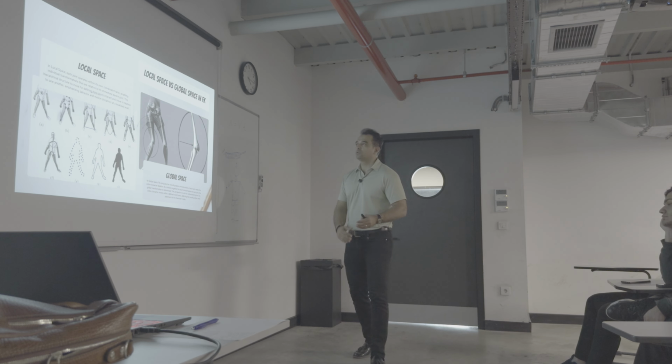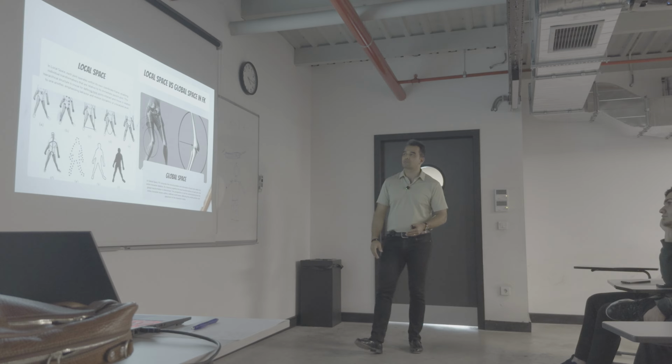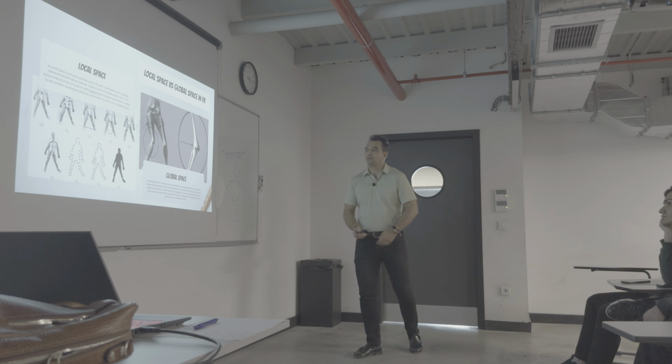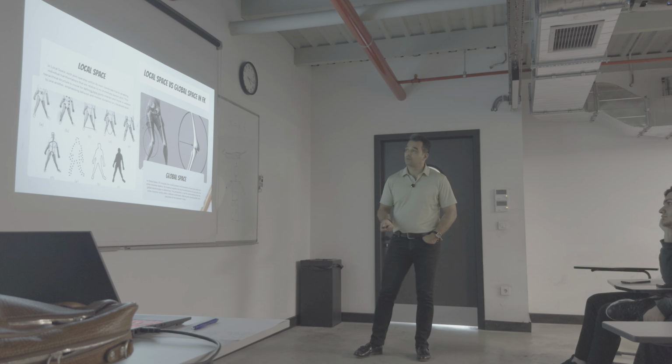When we come to local and global space, for the local space, when we look at the posture, if we do not define the postures, it will not look as realistic as possible.